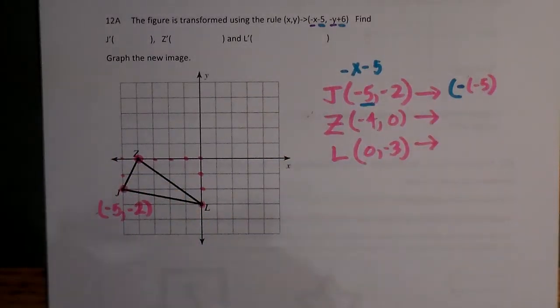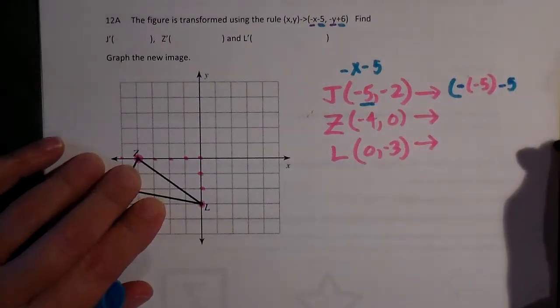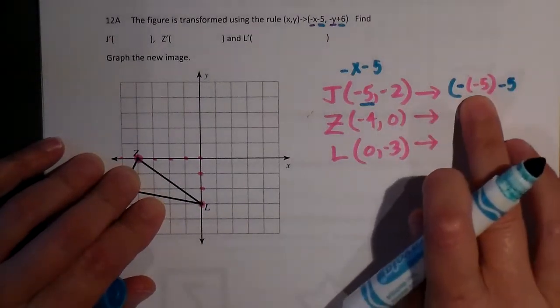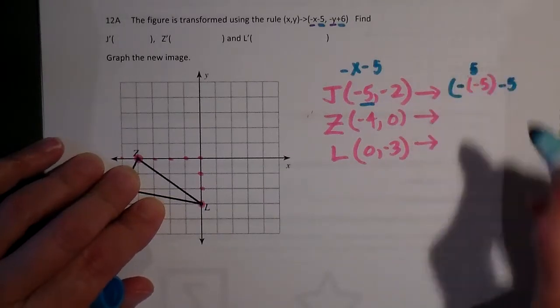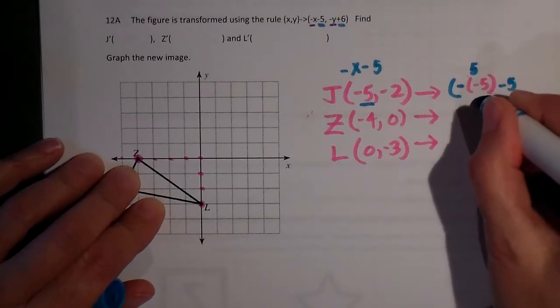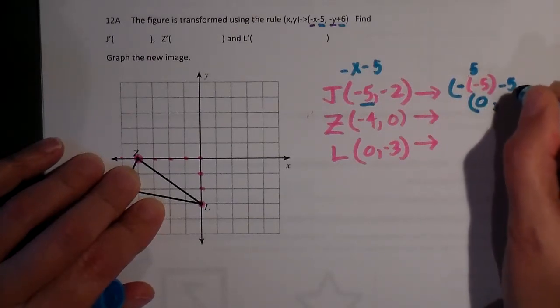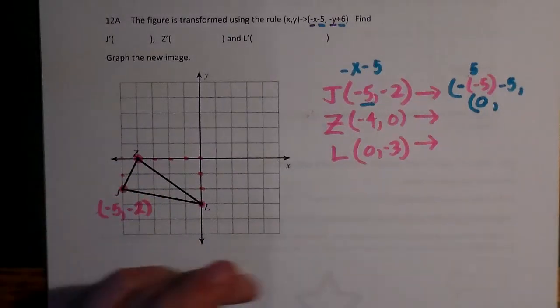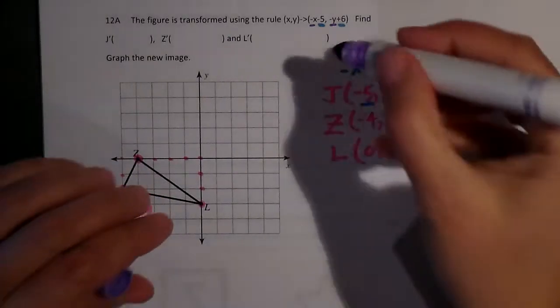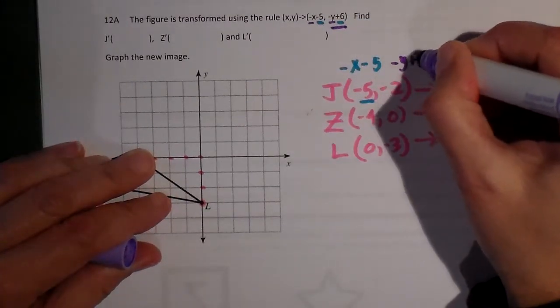And then what am I going to do with that number? I'm going to subtract 5 from it. That's how I'm going to get my x coordinate. The opposite of -5 is actually +5, and 5 minus 5 is actually 0. So that's your new x coordinate. Okay? For my new y coordinate, I'm going to plug all my y coordinates into this one, -y plus 6.